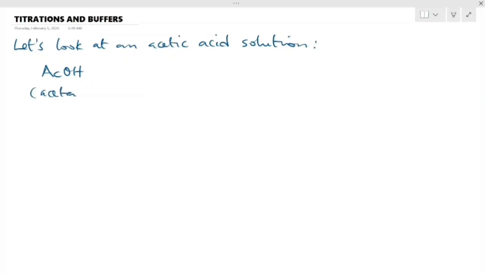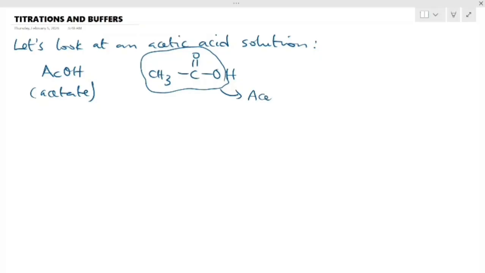Acetate. The general structure for this is CH3, C double bond O, O, then your H. So if you rip off this hydrogen ion, what you have here is your acetate. This reaction can take place as follows.